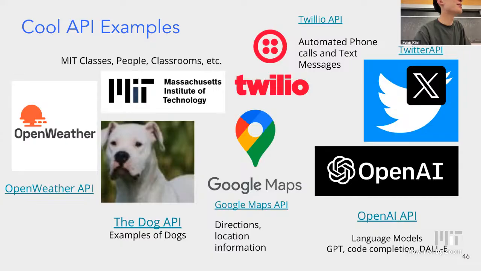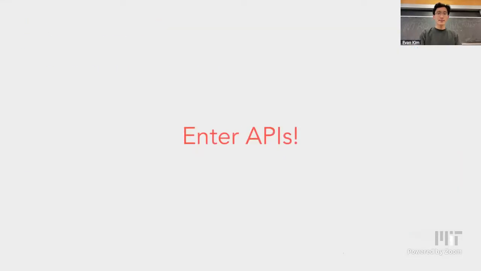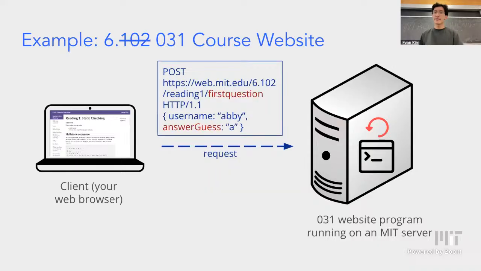Yeah, question? Does that provide access to the entire app's code, or is it copying? No, it doesn't. That's a good question. It does not provide access to the entire code. It only gives the list of endpoints that the user can query. So in this example over here, if we query 6102/reading1/first question, we get an error.